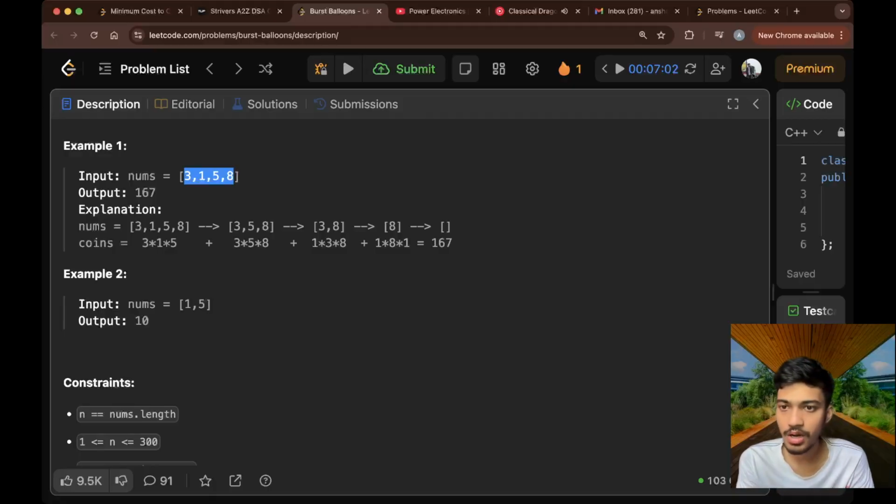But how are we going to remove that part which is already burst? This is the stuff I need to understand.